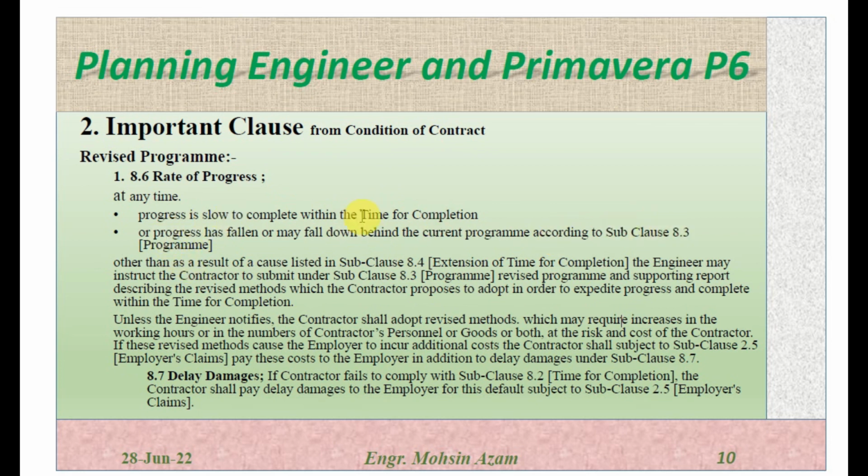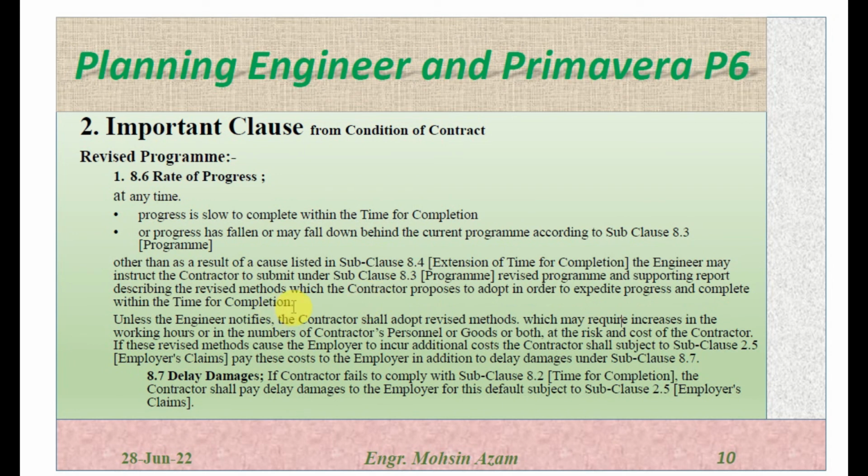So if the progress is slow and the project will not be completed on time, or it is behind the program as per subclause 8.3, then other than as a result of a cause listed in 8.4, where the contractor is entitled to an extension of time, the engineer may instruct the contractor to submit under 8.3 a revised program supporting report describing the revised method which the contractor proposes to adopt in order to expedite the progress and complete the project within the time for completion.